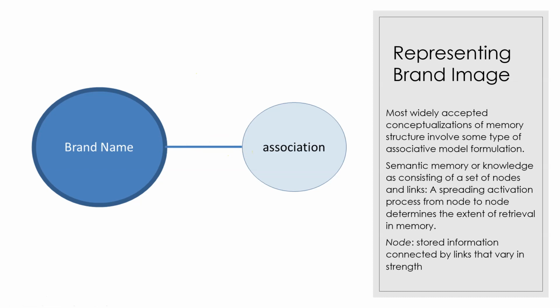And there is a notion of spreading activation. So when you remember a node, the activation spreads into neighbor nodes. So when you recall the brand name, you will remember the association because activation spreads through the link, right?